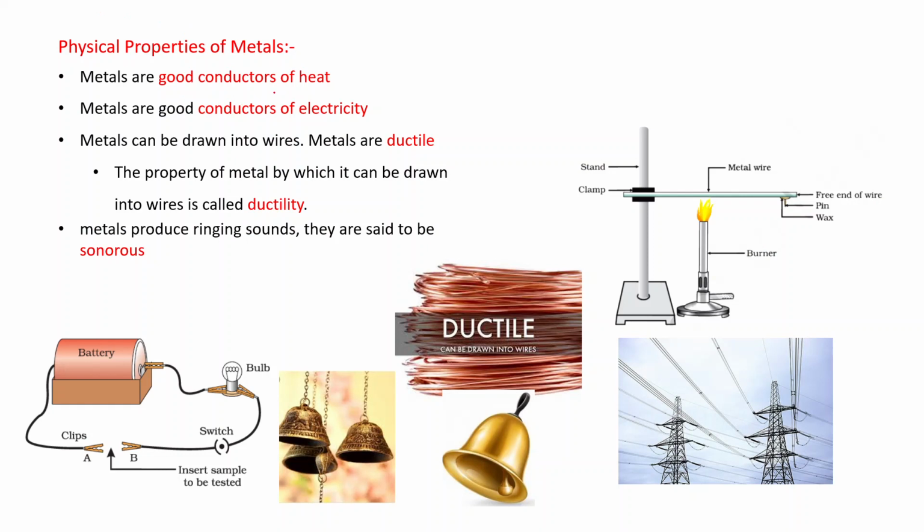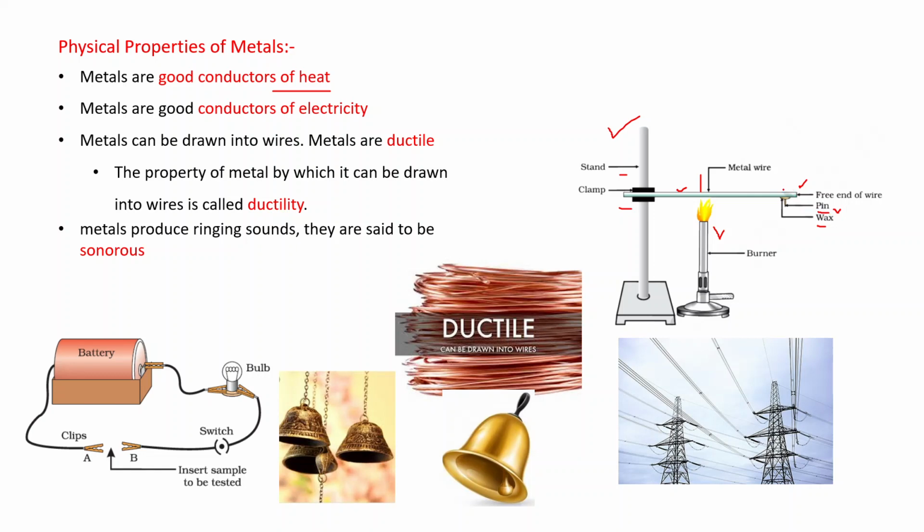Metals are good conductors of heat. This can be explained in this way. See this setup. We have one metal rod, fixed on this stand on one side. The other end is free, and to this free end, with the help of wax, we fix a pin. When we heat it with the help of a burner, after some time we will observe that this pin drops, detached from this end.